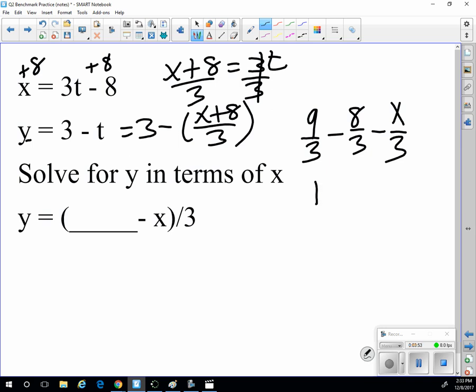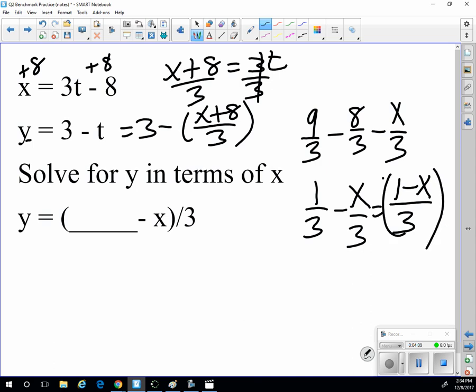So that's 1/3 minus x thirds, and then I can just put them back into one denominator, 1 minus x all over 3. So 1 minus x divided by 3.